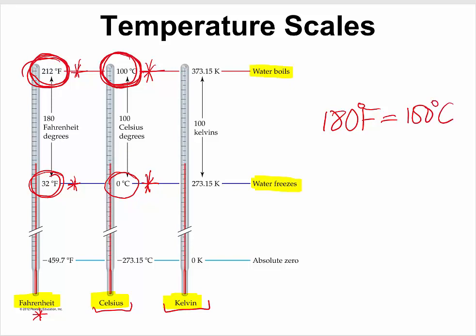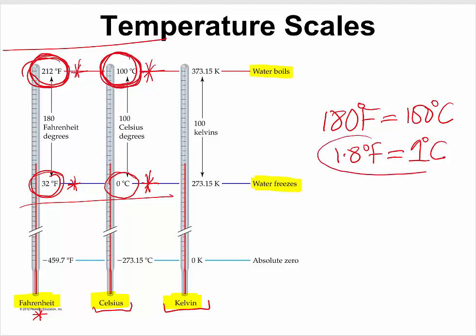So I'm equating them because they describe exactly the same thing, from freezing to boiling. So 180 degrees Fahrenheit should be equal to 100 degrees Celsius. If you divide both sides of this equation by 100, you get 1.8 degrees Fahrenheit is equal to 1 degree Celsius. And this is all we need to convert from one to the other.